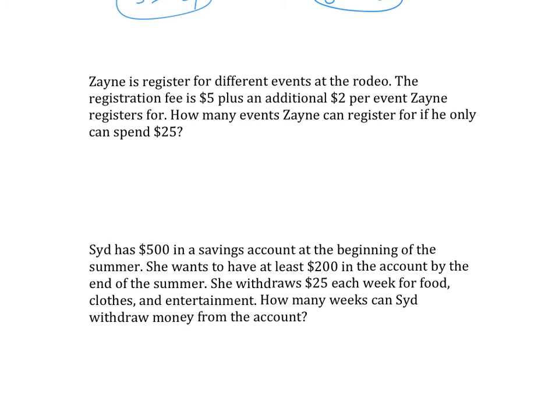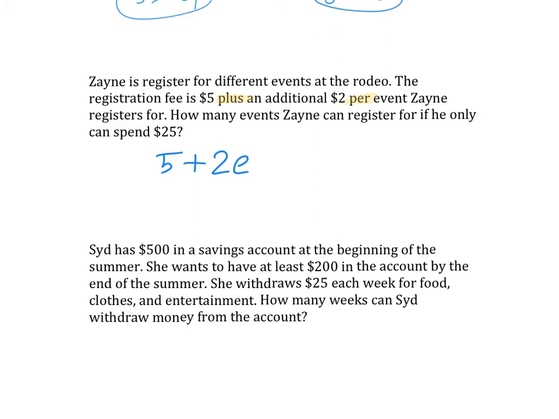First of all, it's $5 plus an additional $2 per event. So let's think about what those mean. Per would be multiplication. And so per event, we'll say events are e, that he registers for.